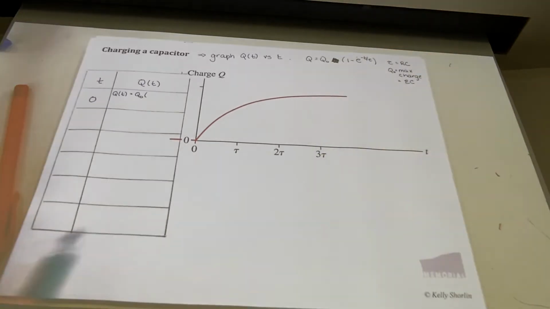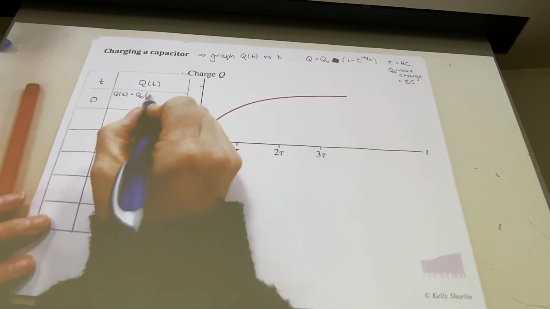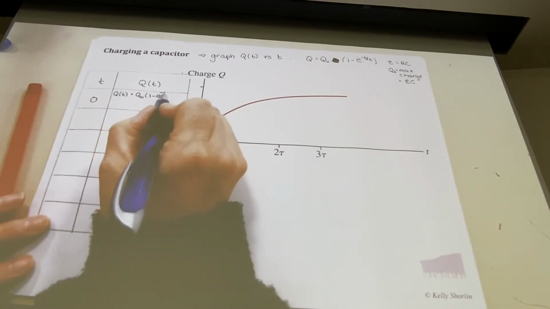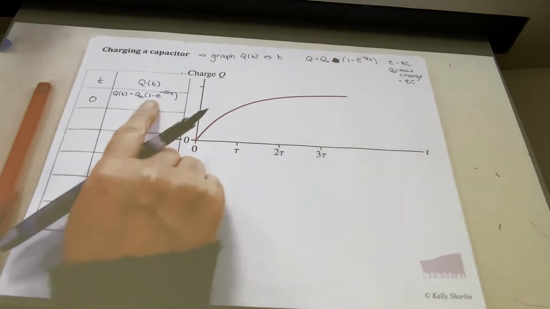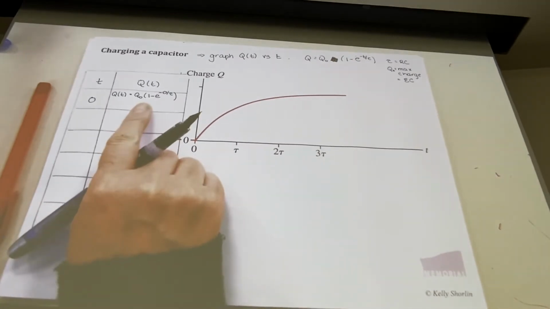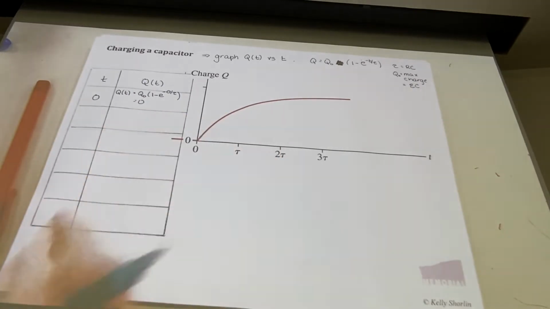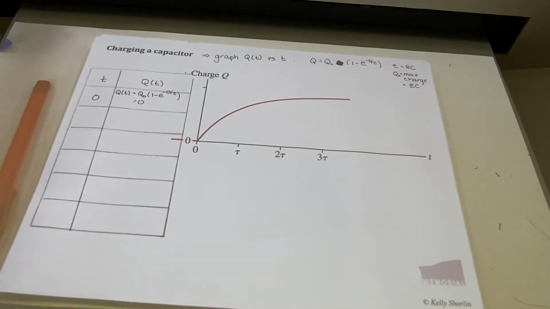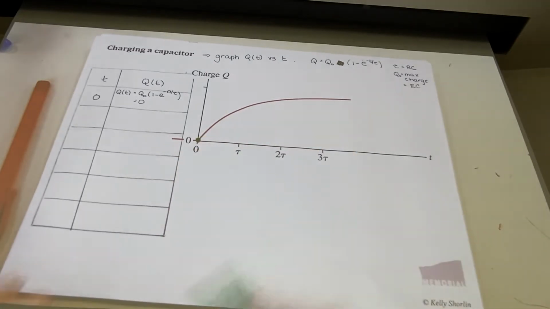I have no idea why, but I scribbled it out now. You should do likewise. So something to an exponent of 0 is equal to 1. So we've got 1 minus 1, which is equal to 0. So the first point on our graph is at 0 and 0. So there's our first point.